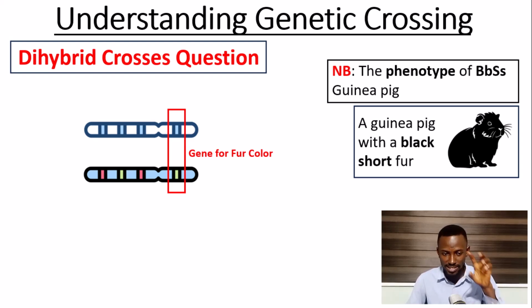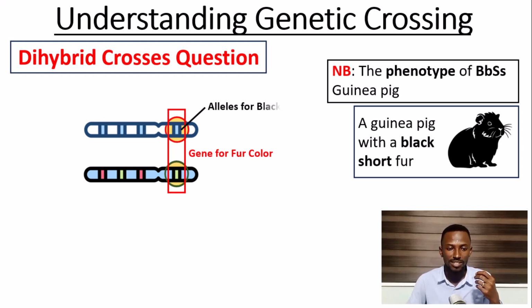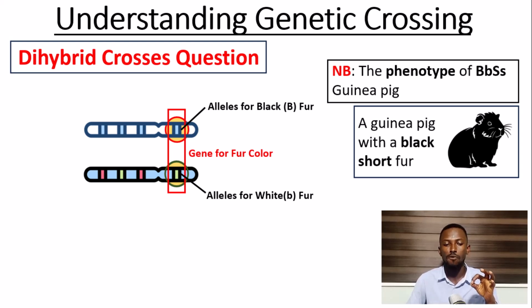So that section, that locus, is responsible for fur color. And for fur color, we have two options, which are the alleles. The first one is an allele for black fur, represented with capital B, and the next one is an allele for white fur, represented with small b. So that means for fur color, the genotype will be capital B, small b. This section controls only the color of the fur.